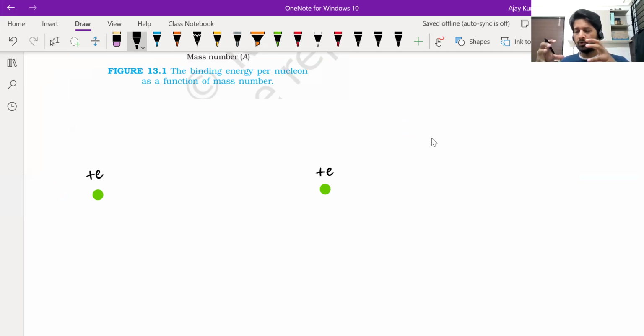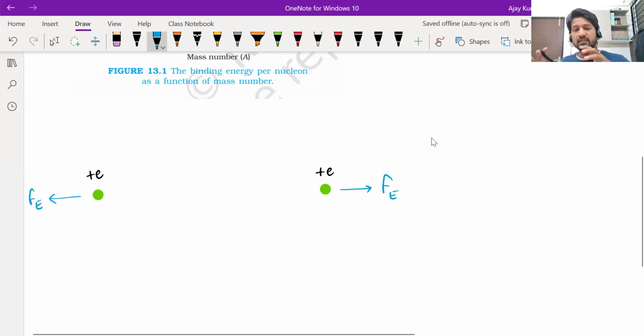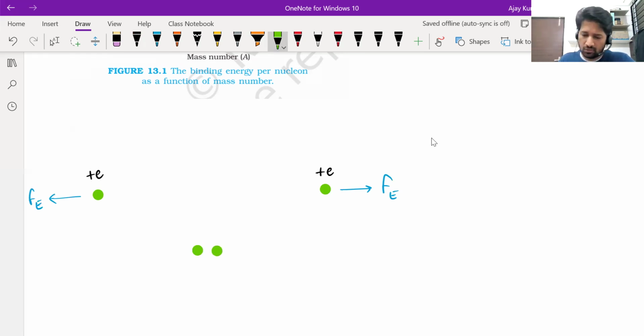Now, if you want two protons to fuse, see, they are positively charged particles. How will they fuse and become one? Electrostatic repulsion will be preventing them from coming closer to each other. There will be an electrostatic force acting outwards like this. But if they have sufficient energy to overcome that force and come close enough, how close? So close that the nuclear force starts to dominate. When does nuclear force start dominating?